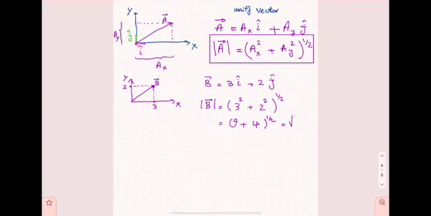And that is the square root of 13. This is the magnitude of vector B.